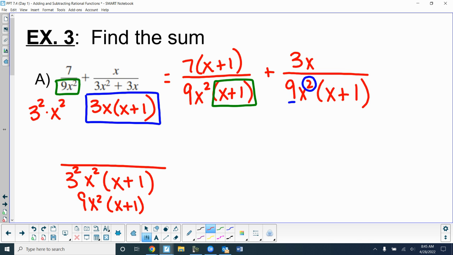And there's an x there, so the x was already there. I multiplied the bottom by a 3 and an x. So I had a 3 in front, and then x times x is x squared, and the x plus 1 was already there, right? So there's my second numerator now.